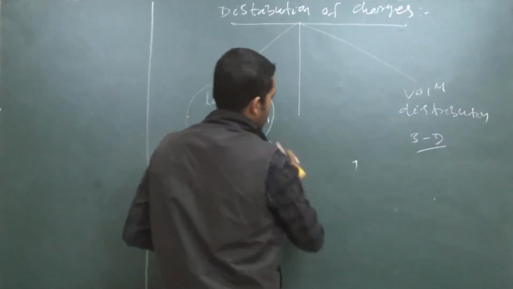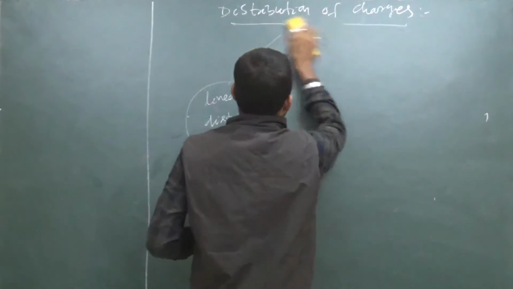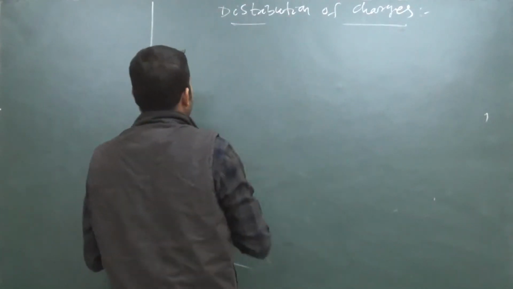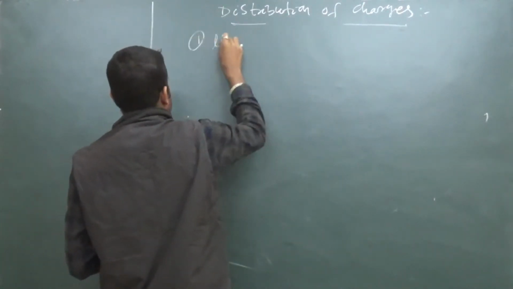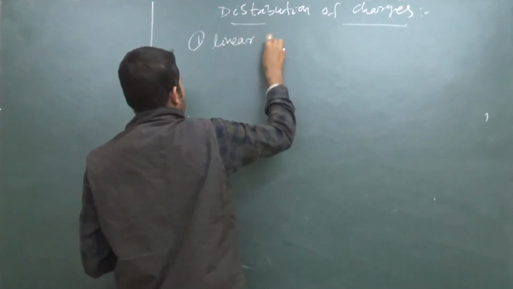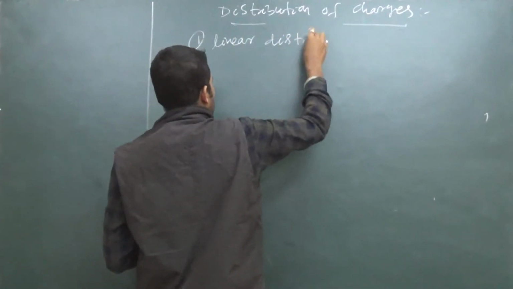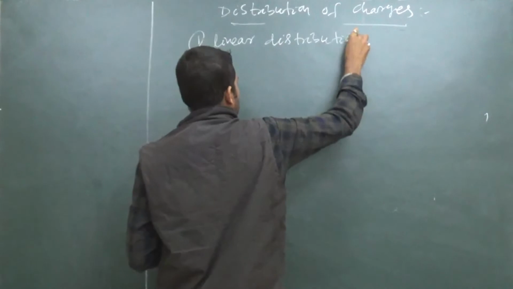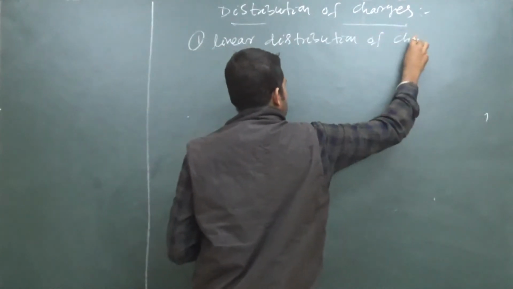At first we will write the distribution of charges, the first one is called linear distribution of charges.